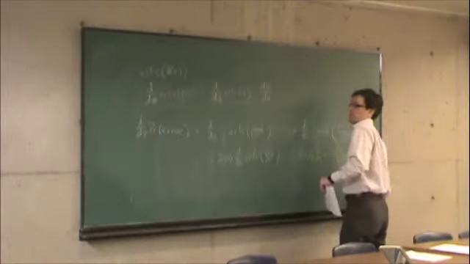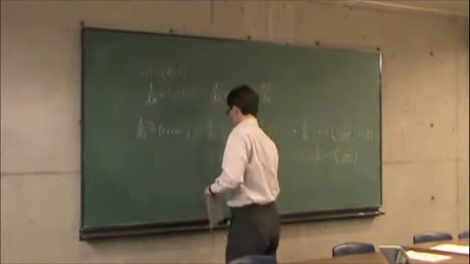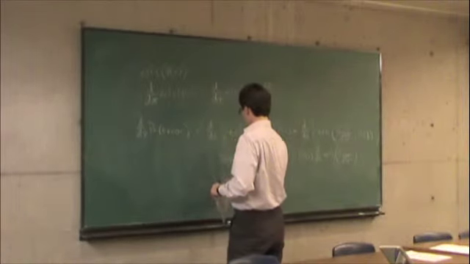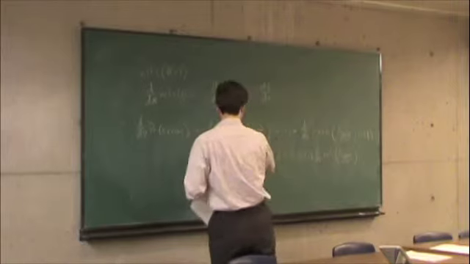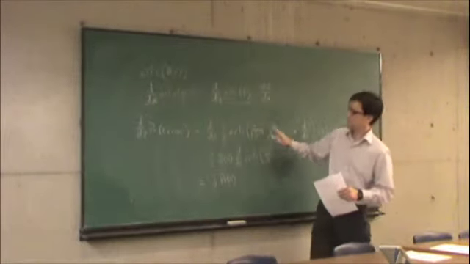Continuing at the top of the board. Actually, no, I'm going to keep this up for a second. This is equal to 1/2 probability 0. What is this? This looks like that.